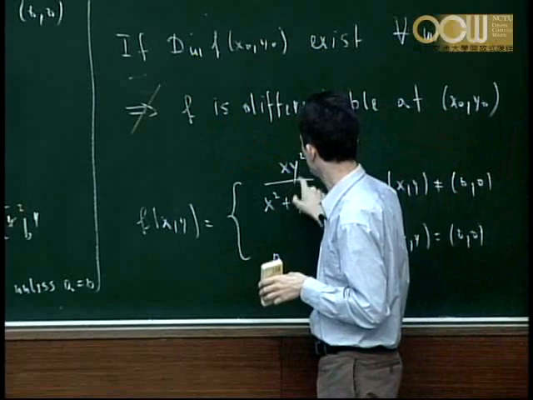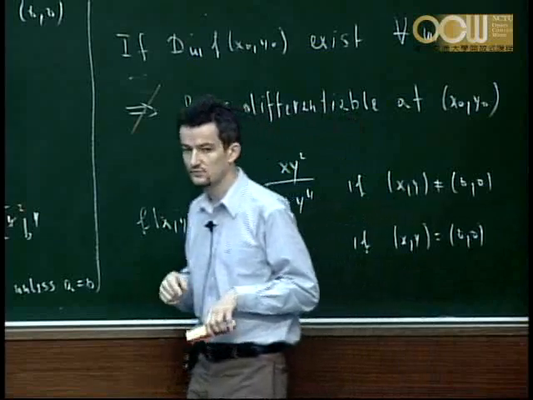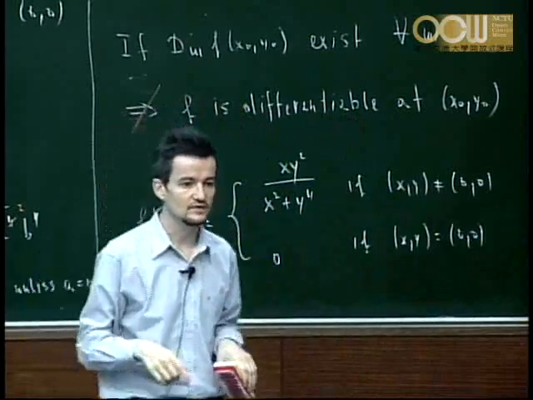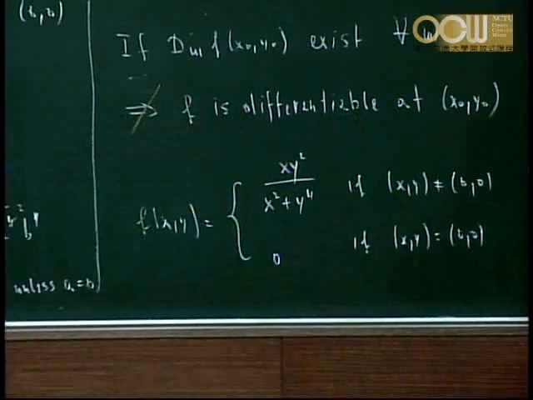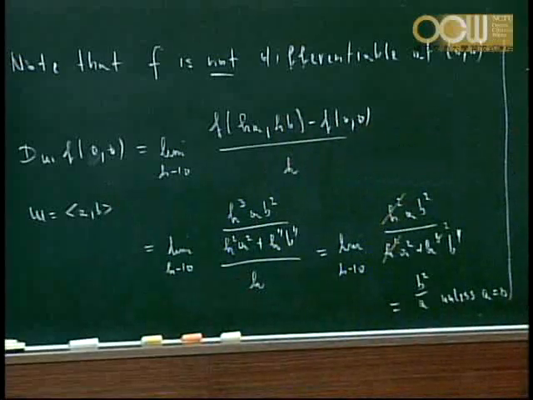If you choose xy over x squared plus y squared, it will not work, because then you will see that certain directional derivatives do not exist. So you have to choose something like this here. This is maybe the easiest example which shows this, at least the easiest example I could find. Maybe it's possible to find an easier one. Okay, so any questions to this?